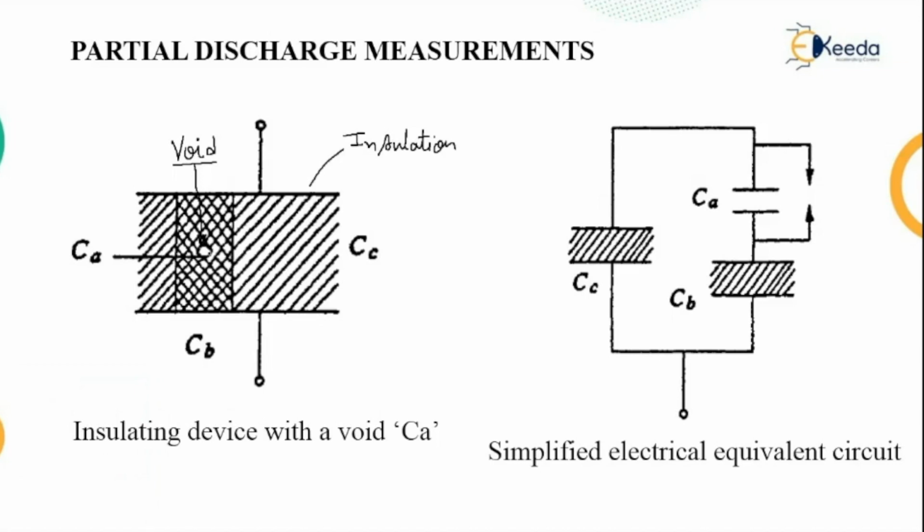Now when there is a void present, that void offers a capacitance that is represented as Ca. So consider a capacitor with a void inside the insulation. Ca is called the capacitance of the void.